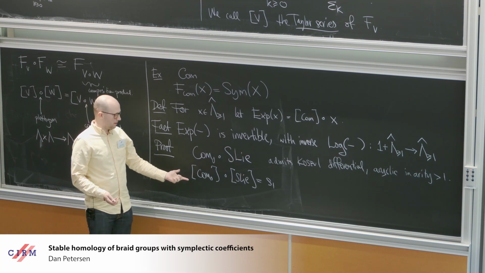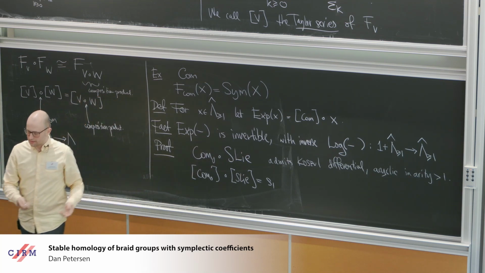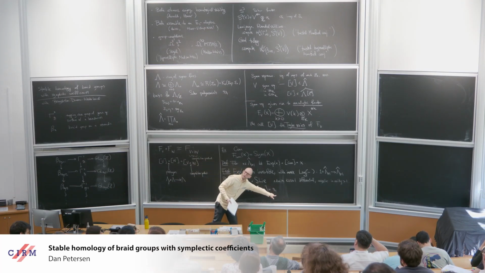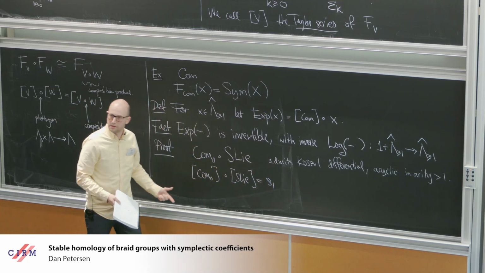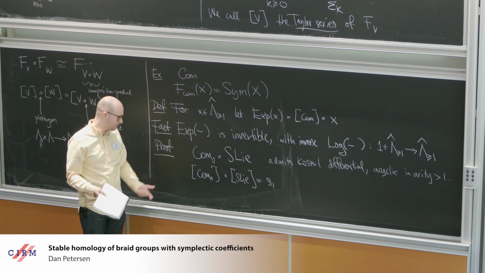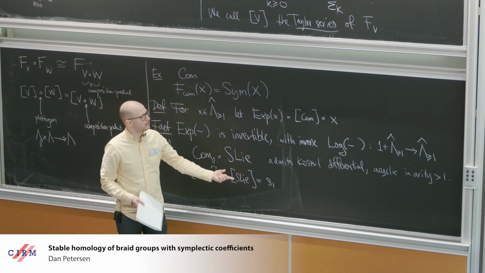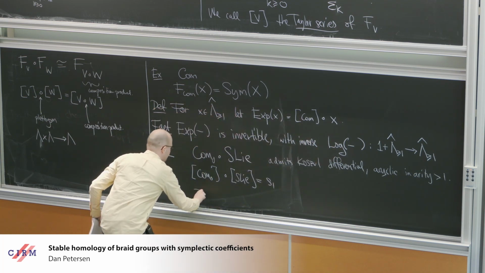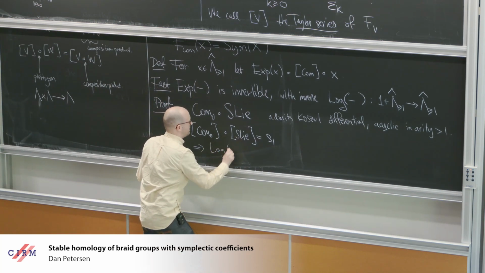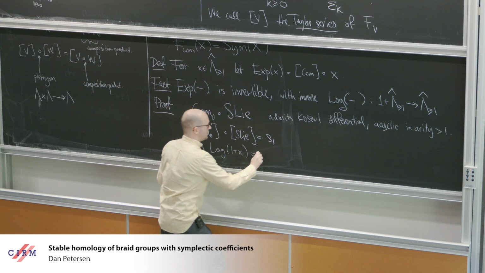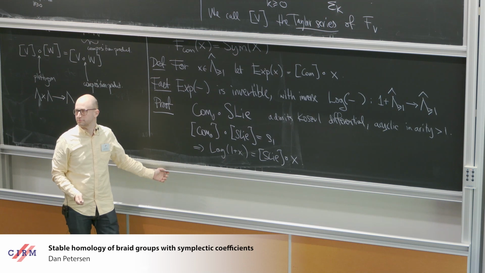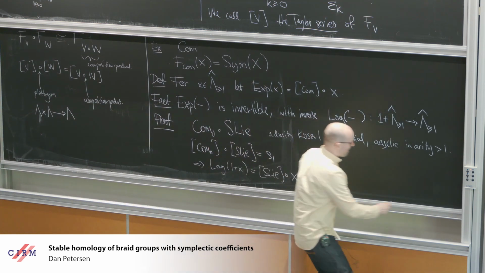But then that means that taking the plethysm with Com is invertible, because this is a monoidal, this is the unit object in the monoid. And if I have a one-sided inverse, it's a two-sided inverse. And yeah, so the log of 1 plus x is actually just shifted Lie composed x. And that's the proof.